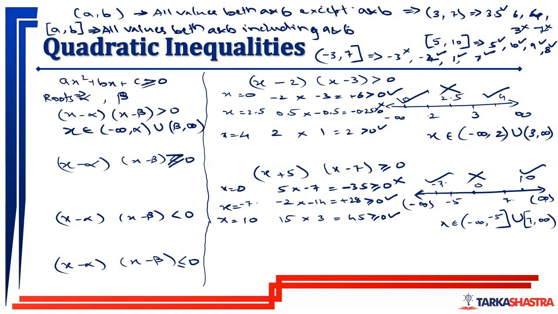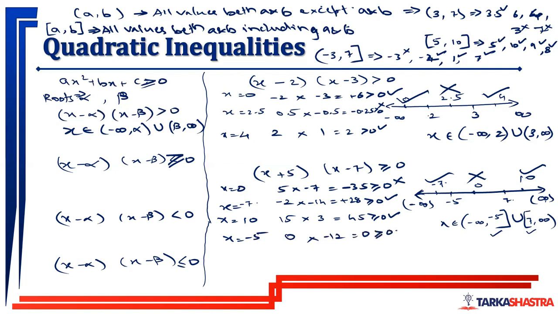Now you must be asking, why is there a closed bracket in front of minus 5 and 7? Are these values included? Yes, minus 5 is included, 7 is included, because these values satisfy the inequality. For example, if I put x equal to minus 5, this bracket is 0 and this bracket is minus 12, so the product is 0.